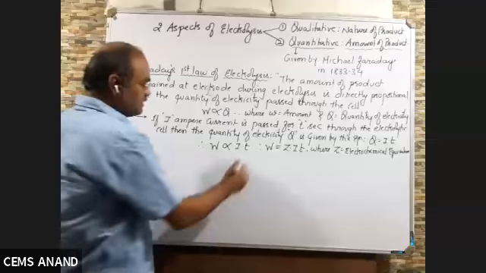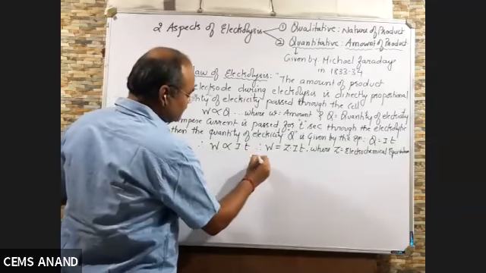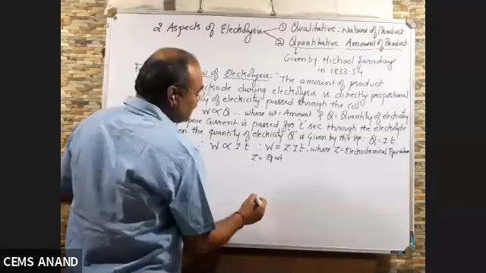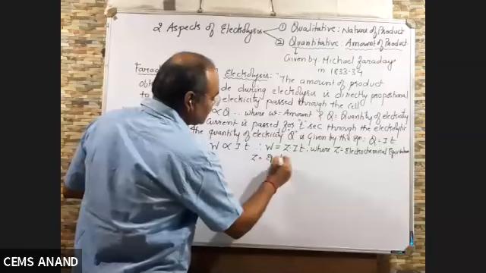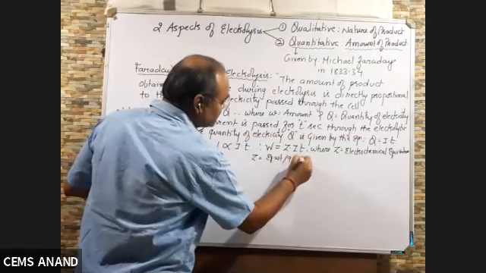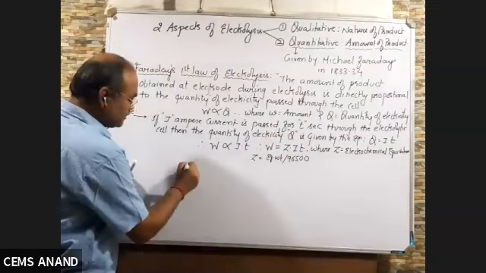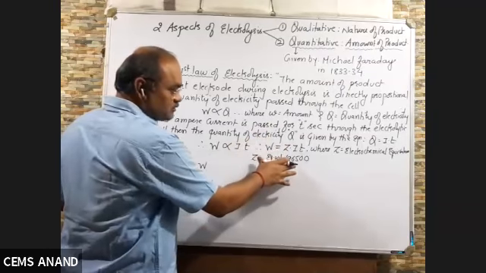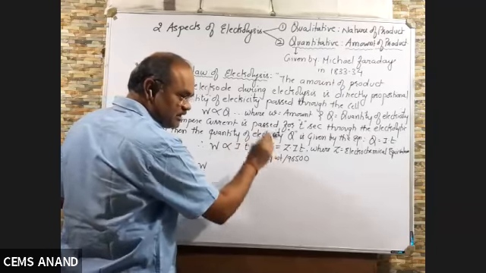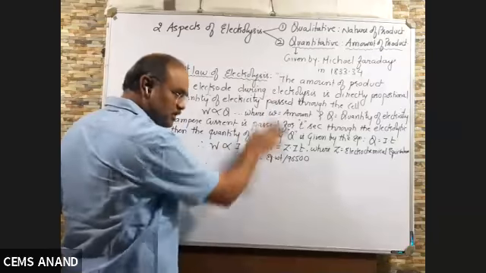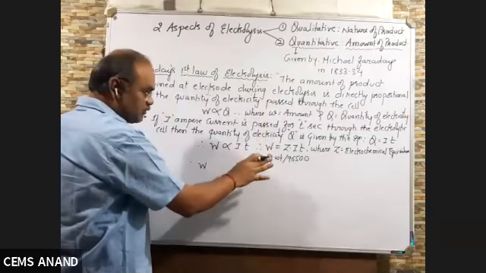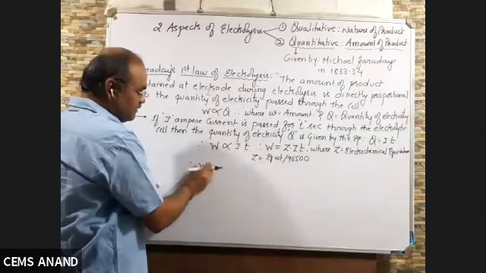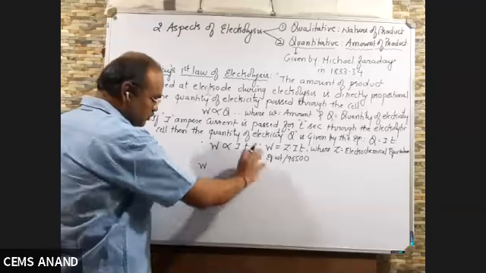Z is also equal to equivalent weight divided by 96500. I am deriving this formula in detail so that you can use it for JEE questions. Otherwise, you have to solve it in detail. We'll study both types of numericals, using this formula, and how to find the answer in short also.